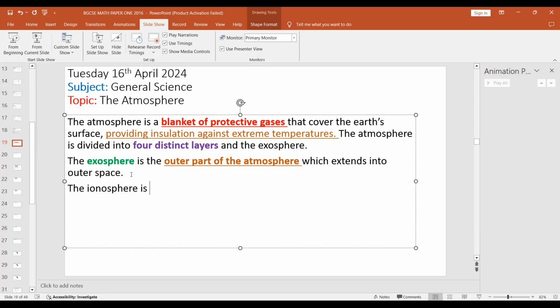It is the layer of the atmosphere that is furthest away from the Earth. That's the one that's all the way up there.